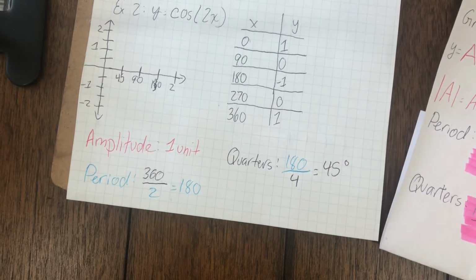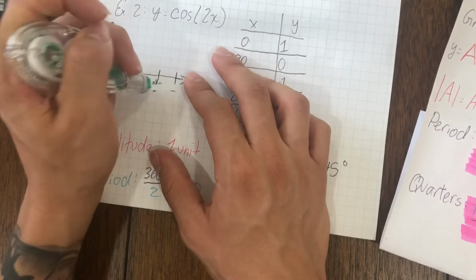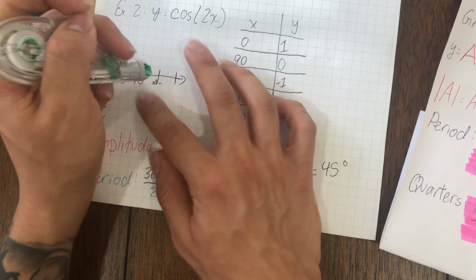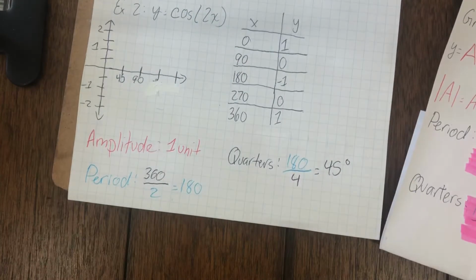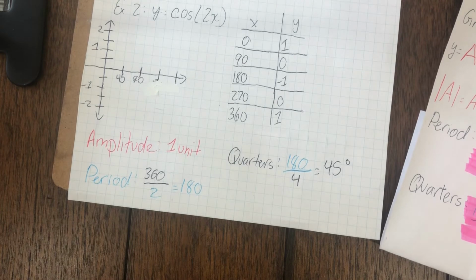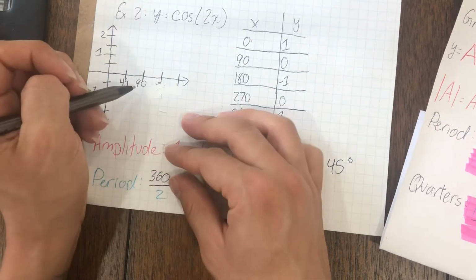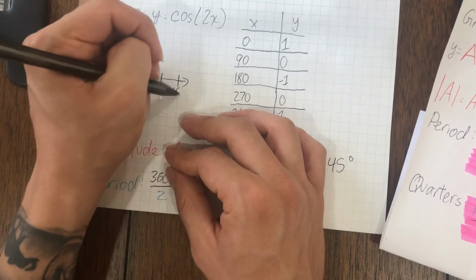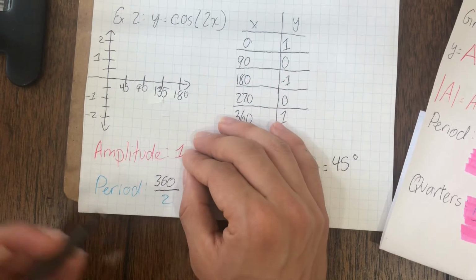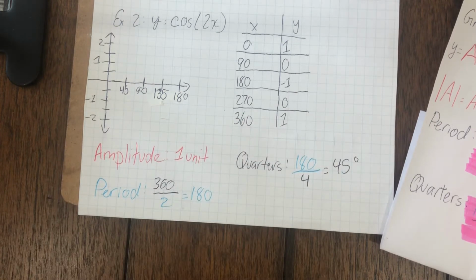Let me get my whiteout. For some reason, my brain was still stuck at 90, 180, 270, 360. But I'm going to correct that. So from 90 to 135, and then 135 to 180 degrees. I'm going to stop right there, all right?